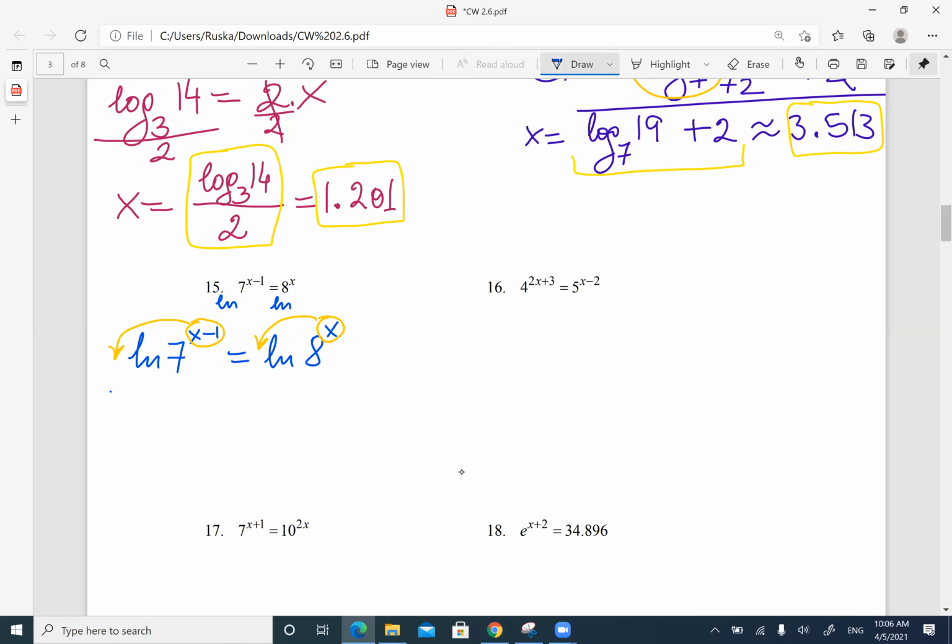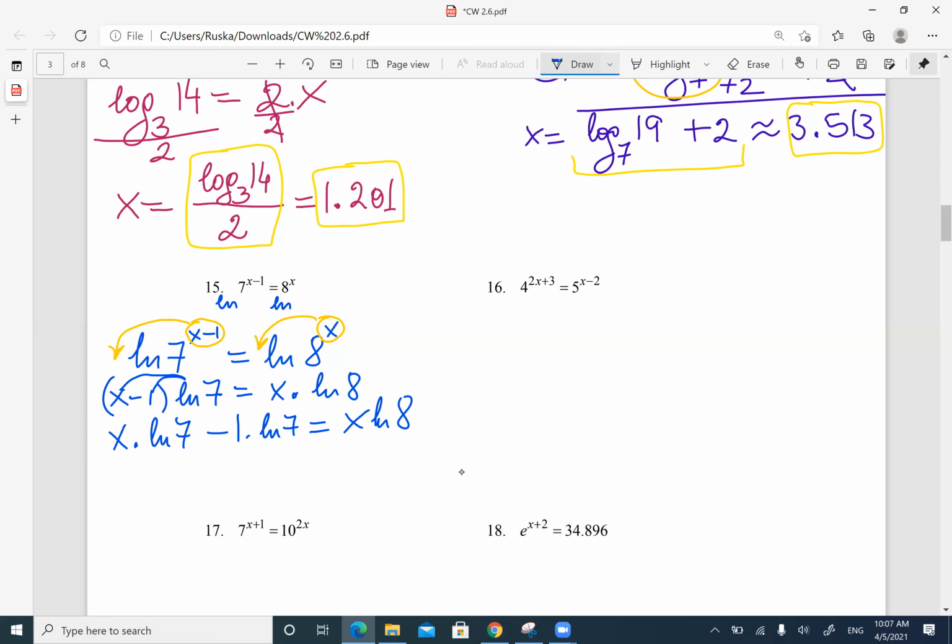So it's going to be x minus 1 multiplied by ln of 7 equals x times ln of 8. Now look at ln 7, ln 8, it's a number. So you multiply x by 1, and you get x times ln 7 minus 1 times ln 7 equals x ln 8.